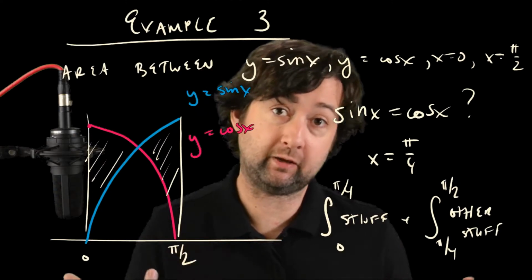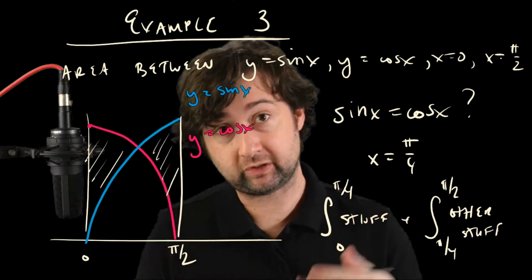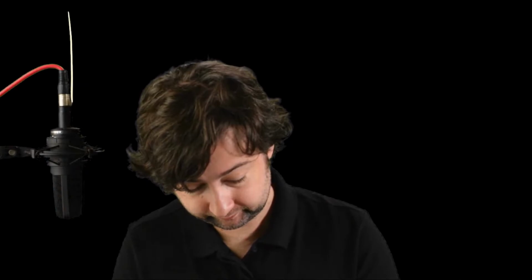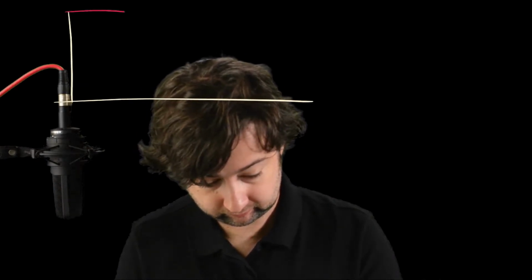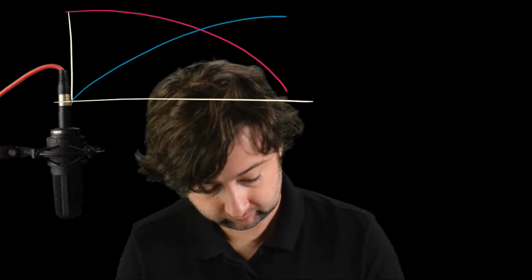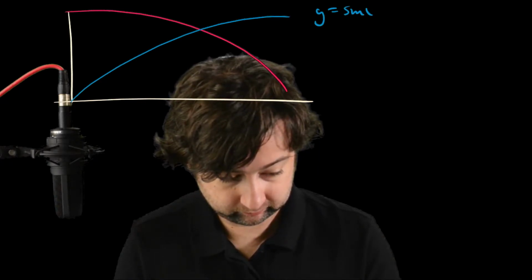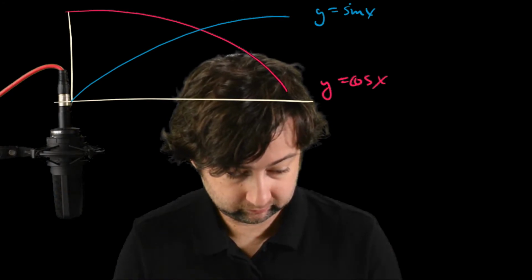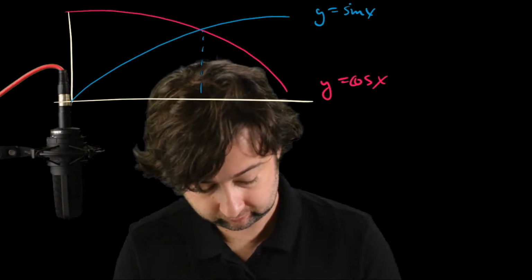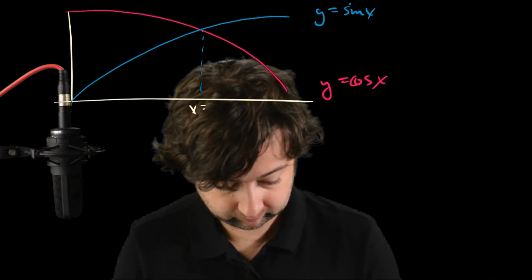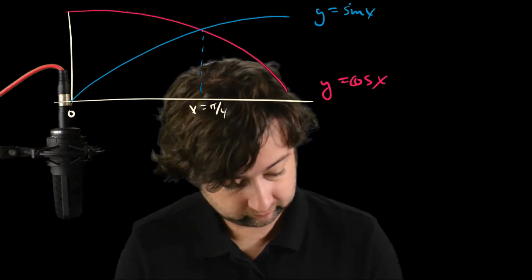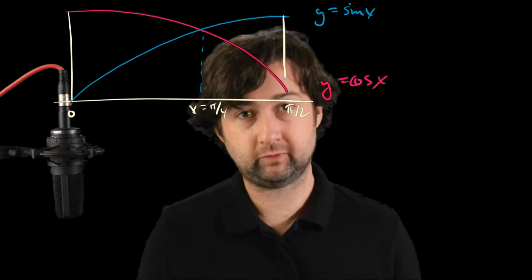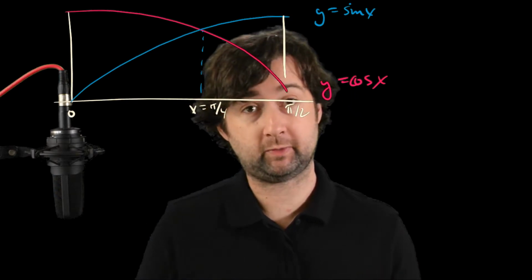And so we can actually just write down what those integrals are based on which function is on top and which function is on bottom. Considered separately, I can write down integrals for these two regions just by looking, as before, at a typical rectangle.